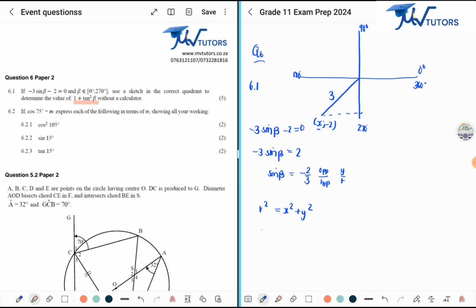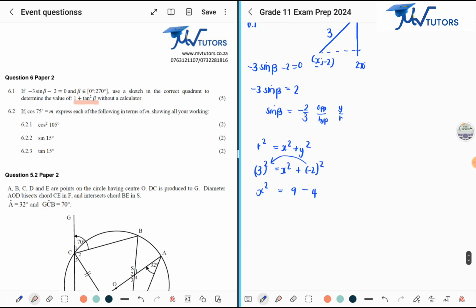In this case r squared is 3 squared, x is what we're looking for, and y is negative 2 squared. So x squared will be 3 squared, which is 9, minus 4, which is basically 5, right?